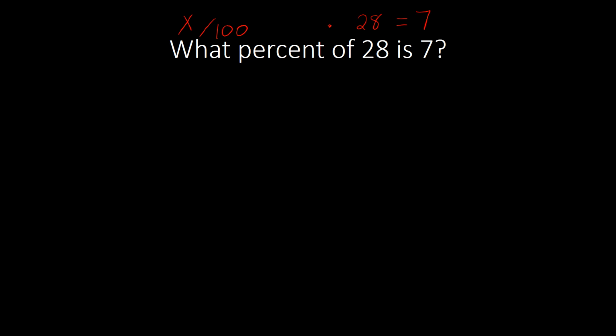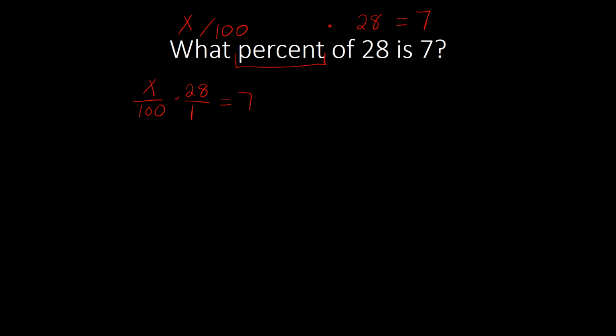And again, the percent here means that you have some value over 100. In this case, we don't know what that value is, so we're using x. So the equation that we have is x over 100 times 28. Now, since it's times a fraction, I'm putting that 28 over 1 equals 7.